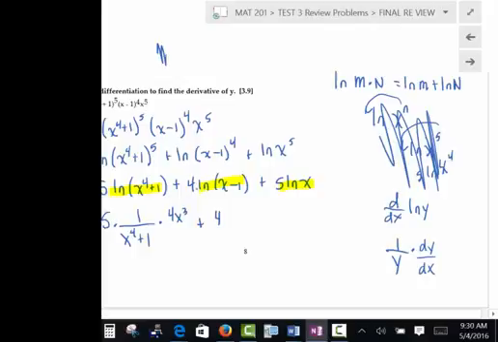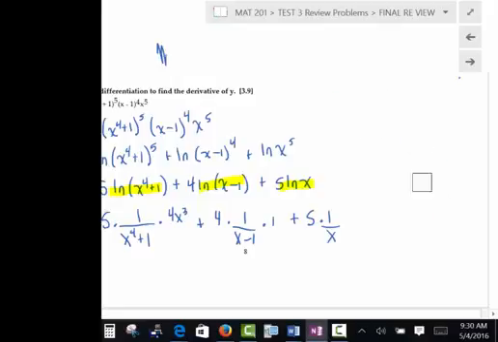Write the constant 4 down. The derivative of ln of x minus 1 is 1 over x minus 1. The derivative of x minus 1, you don't have to do that because it's 1, but I'm going to put it in there. And then the derivative of 5 ln x is 5 times 1 over x like that. Okay, so that's what I've got so far. Okay, you guys got any questions so far?